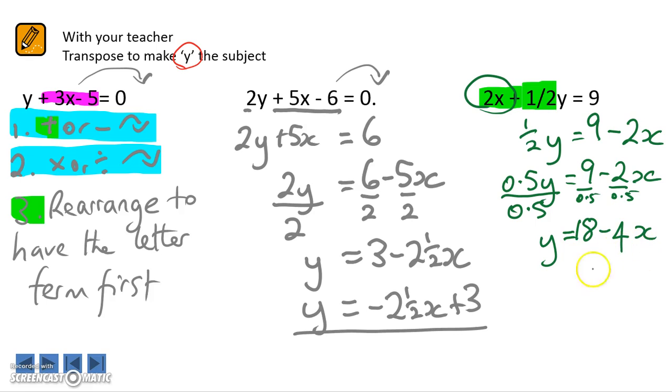And so we're going to rearrange it so that we have our letter term first. So it's minus 4x, don't forget your sign like I nearly did, plus 18. So if we were looking at that, just practicing our general equation for a line, our gradient is minus 4 and our y-intercept is plus 18. And we've now made y the subject.